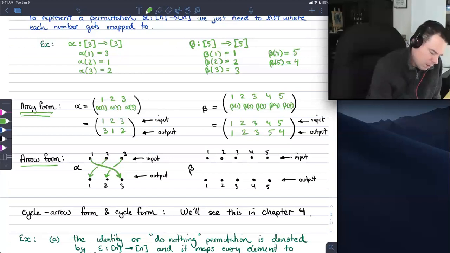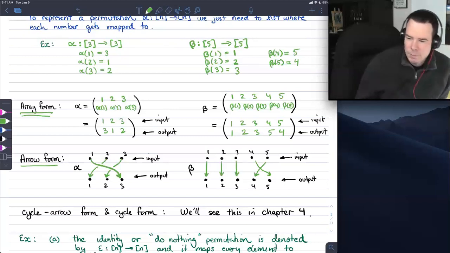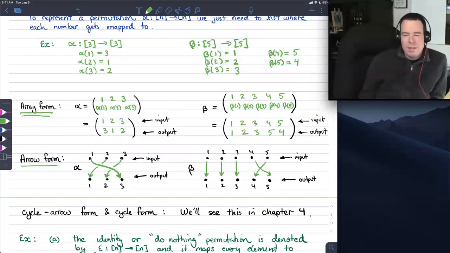And so for the beta one, we get these. 1 goes to 1, 2 goes to 2, 3 goes to 3, and 4 and 5 switch. The nice thing about the arrow form is it shows you what the action is, like what's happening. The permutation, as I said, we want to think of as an action, something being done, and it shows you what's being done. It shows here how things are moving, especially with beta.